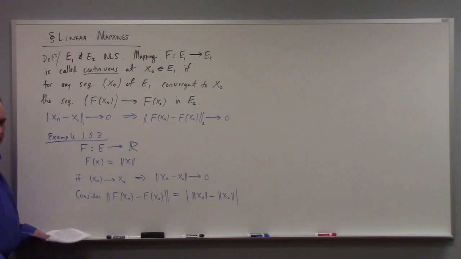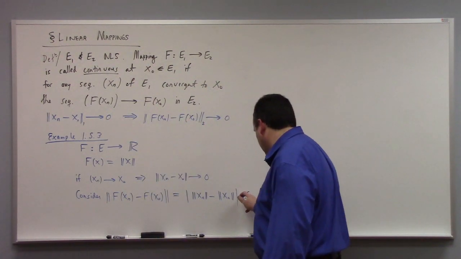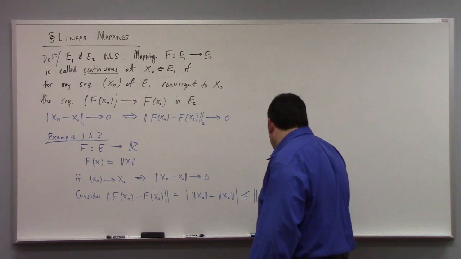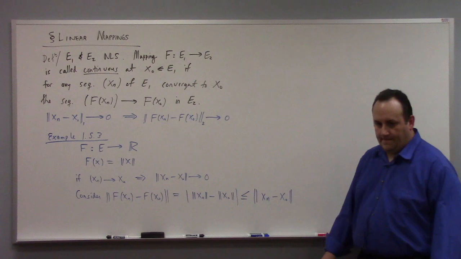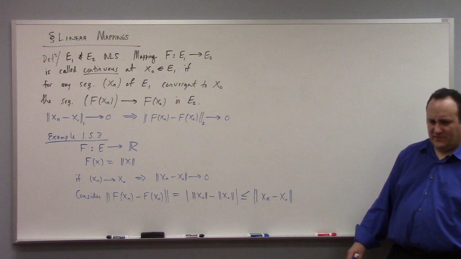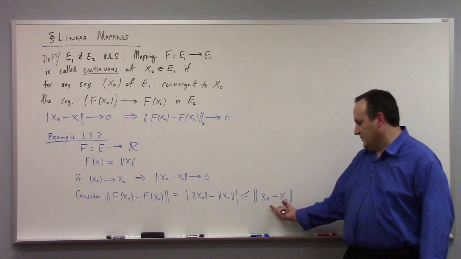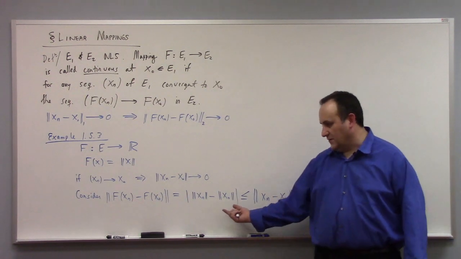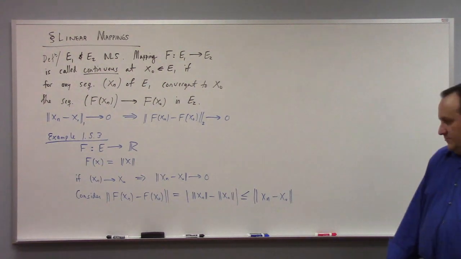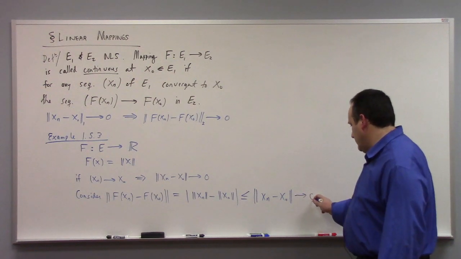Oh yeah, this is exactly our triangle inequality. Remember, we have proved before that this is less than or equal to the norm of xn minus x0. Sometimes I call it the reverse triangle inequality, that we can take the norm and replace it with something smaller, the absolute value of the difference of the norms of the elements being added or subtracted. But then we know that this, by assumption, goes to 0, right?